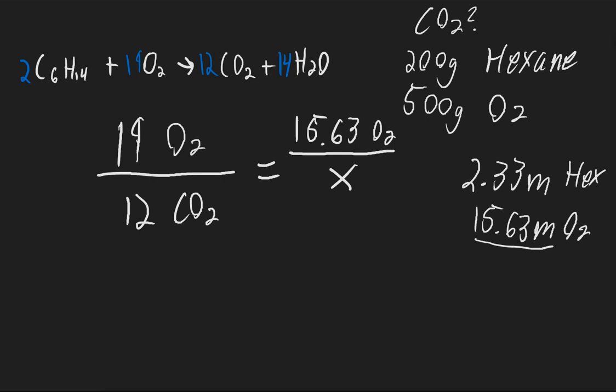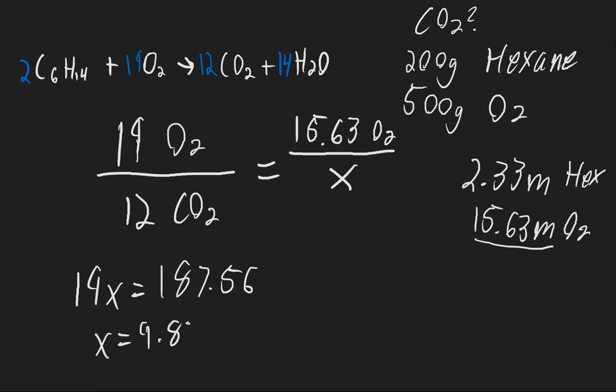So we can cross multiply, giving us 19x being equal to 12 times 15.63, about 187.56. Divide both sides by 19, and we get x being equal to 9.87 moles of CO2.